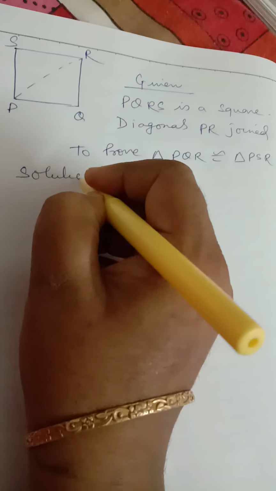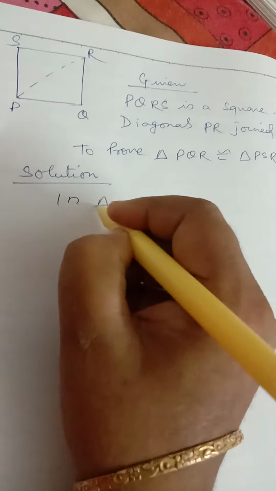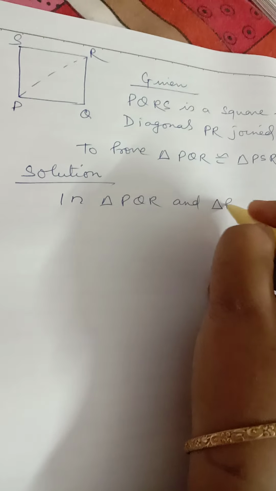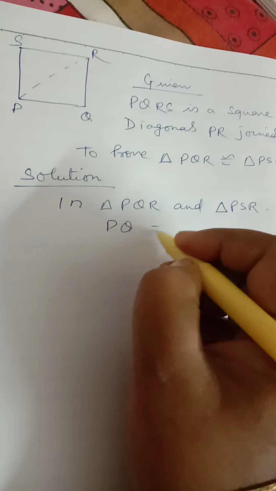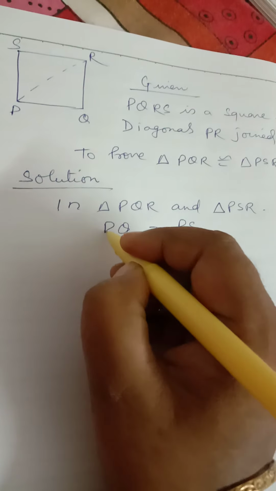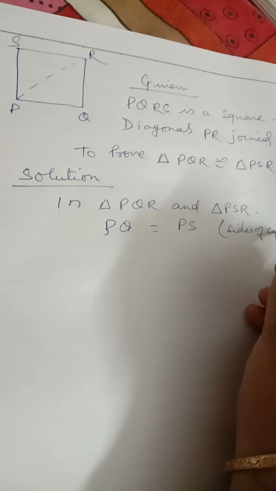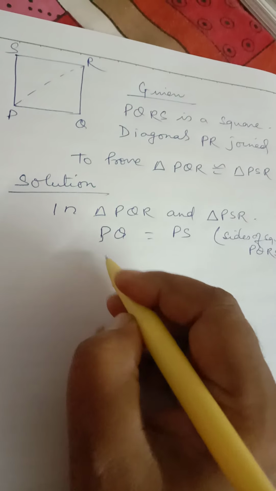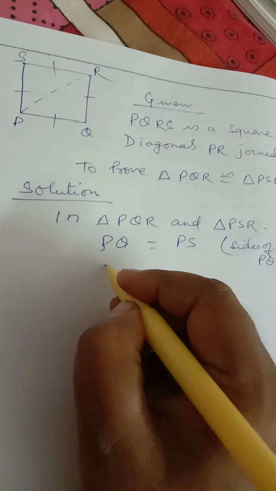Solution. In triangle PQR and triangle PSR, PQ is equal to PS, sides of a square PQRS, all sides are equal.